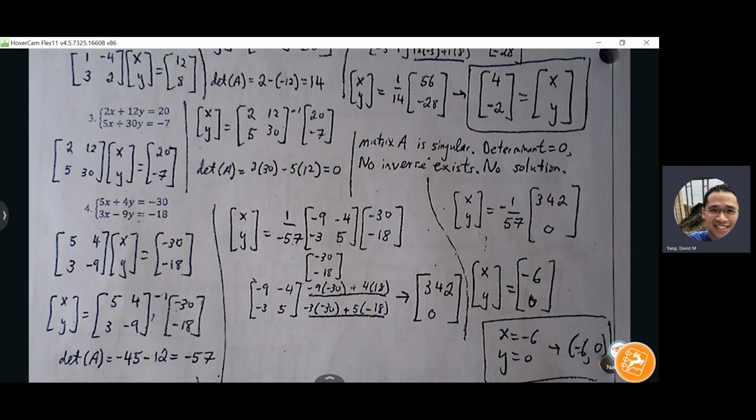Okay, so number 4, first set up your coefficient matrix, variable and your constant matrix. Move that 2 by 2 over, call it the inverse, and then you can do the work involving the inverse. Find the determinant first, AD minus BC. Swap your A and D, change the signs of your B and C. Multiply your 2 by 2 and your 2 by 1 matrix. We'll save that -1 over 57 for the end. Get all the way down to 342 and 0. Don't forget about your coefficients. Multiply through: 342 divided by -57 is -6, and then 0 divided by anything is still 0. So x equals -6, y equals 0.